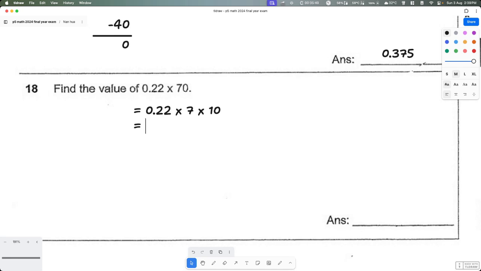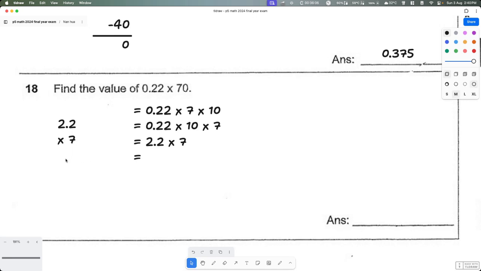Then usually I'll just bring the 10 over because you can move the numbers around if all of it is multiplication. So it's 10 times 0.22, and this will then become 2.2 times 7. So what's 2.2 times 7? You can just put 2.2 and then multiply by 7.